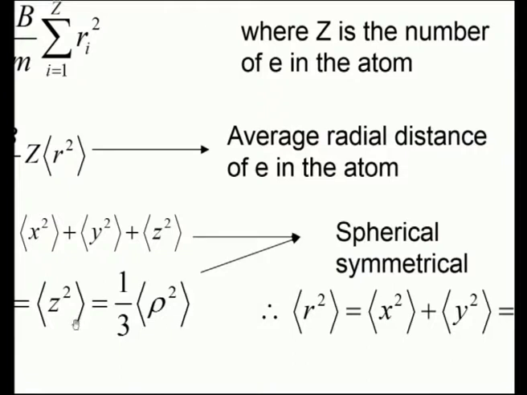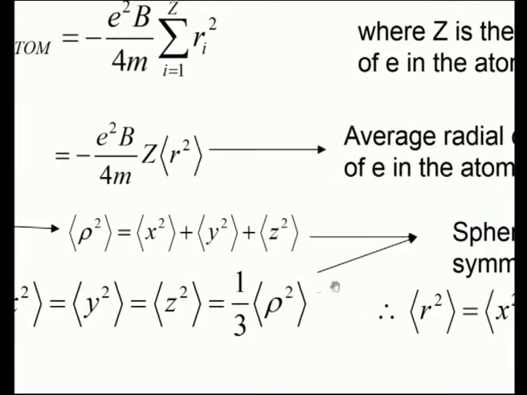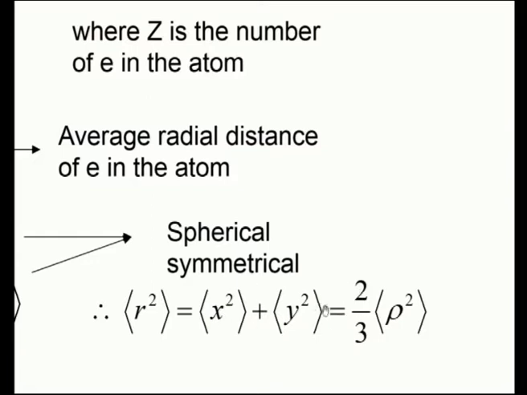These are spherically symmetric averaging out quantities. For 2 dimensions we have r square equal to x square plus y square equal to 2/3 rho square. This is all for spherical, but what we consider here is a plane, that is a circular orbit, therefore r square should go as 2/3 of rho square.